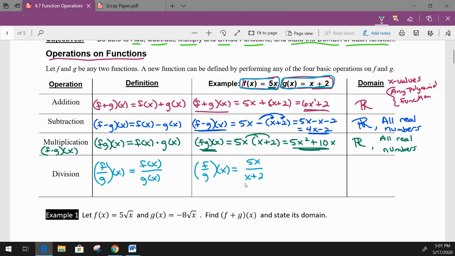However, a rational function, which we have here, is made up of a polynomial, a linear function at the top and the bottom. So one thing that you want to make sure that you don't forget is that the denominator can never equal 0.